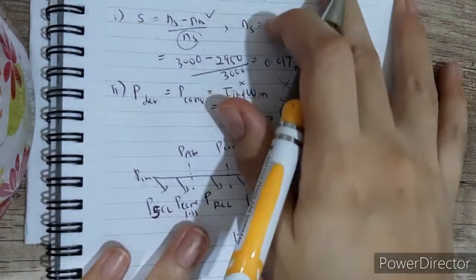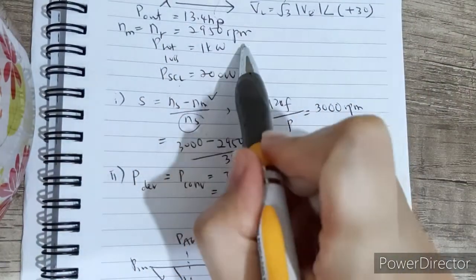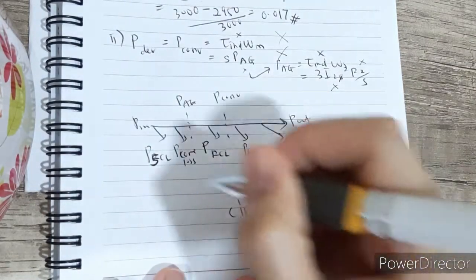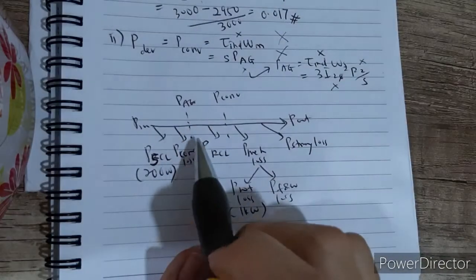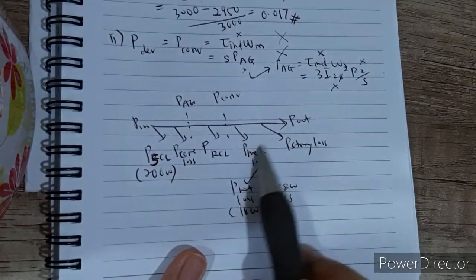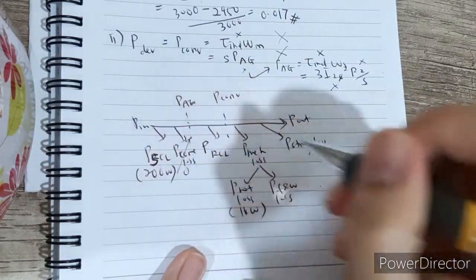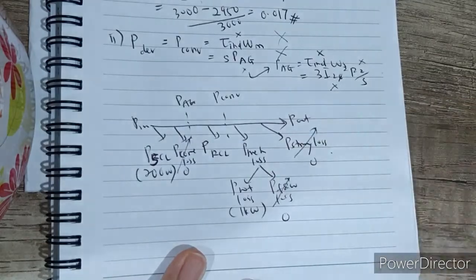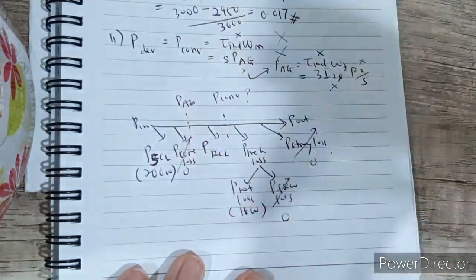From the question, P rotational loss and PSCL are given as 1 kilowatt and 200 watt. The core loss, mechanical loss and stray loss, if not given, we can assume as 0. So our goal is to find your P converted.